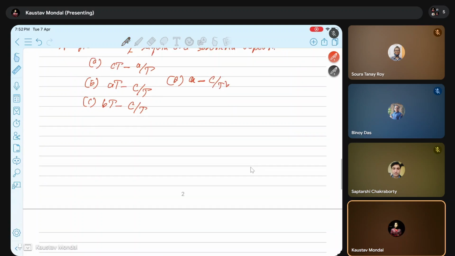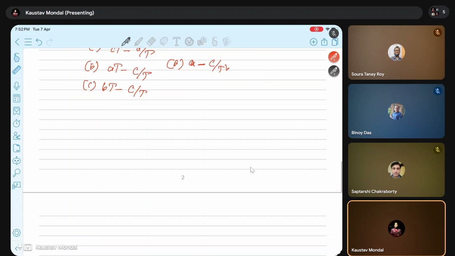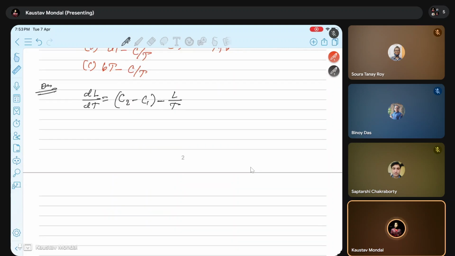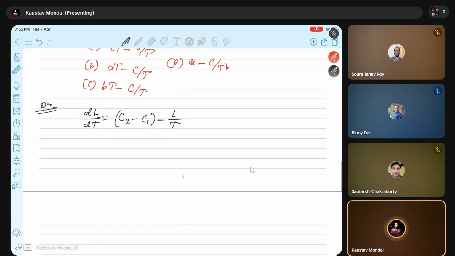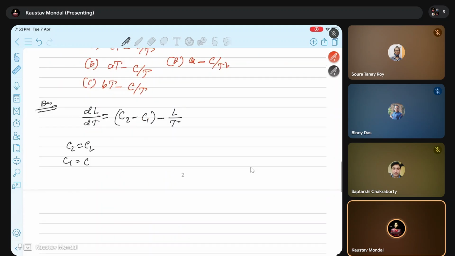So how to do that? We know that from Clausius-Clapeyron's equation, dL by dT is basically C2 minus C1 plus L by T. Here the second phase is the liquid, so C2 is Cl and C1 is Cv, the saturated vapor.